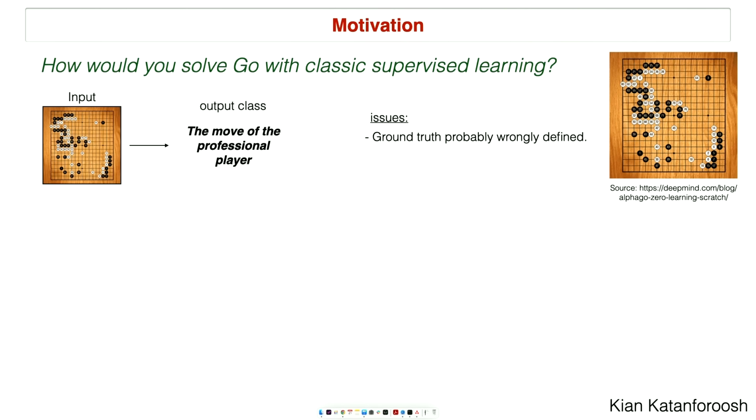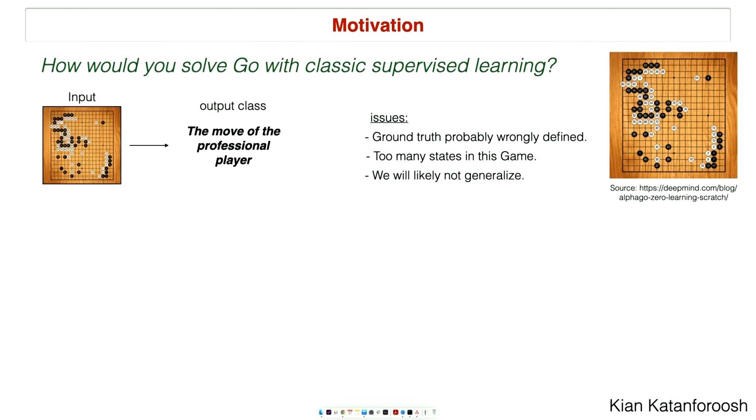You're never going to get better than the best human, and the best human is not the best possible, executing the best possible strategy at every point. You could argue, what if we get a panel of experts that we're monitoring, and those are the best players in the world? Even with a panel of experts that decides every move, you still have an ill-defined ground truth. So that's a big issue.